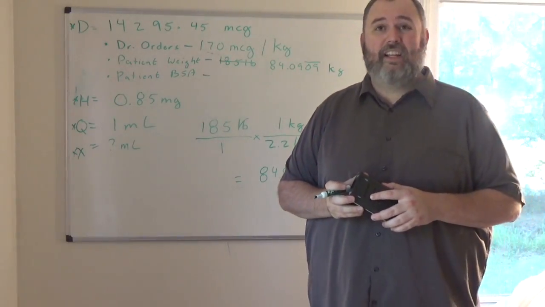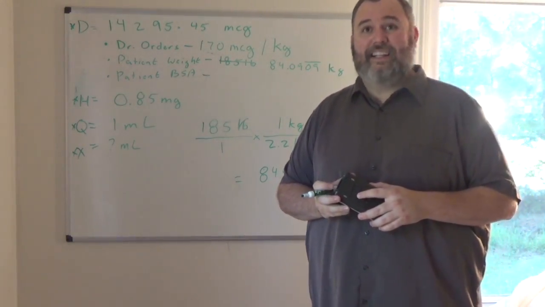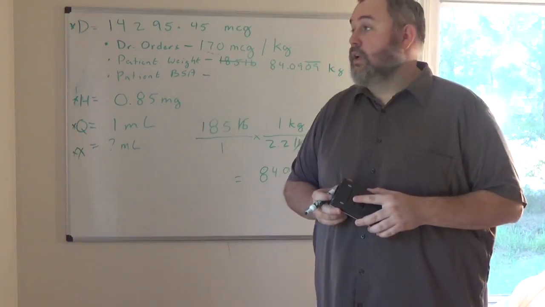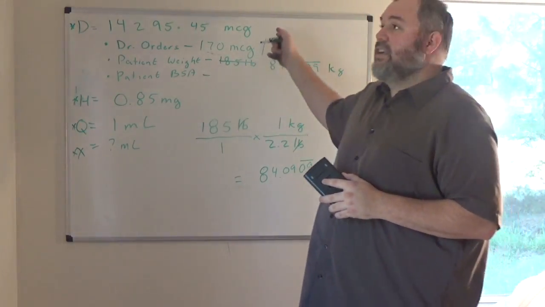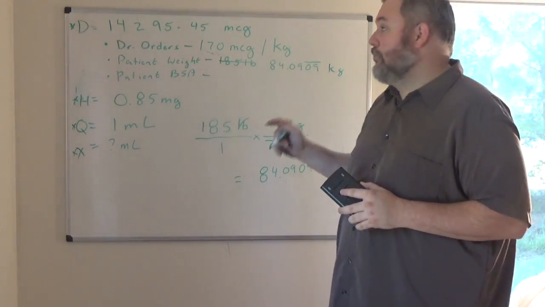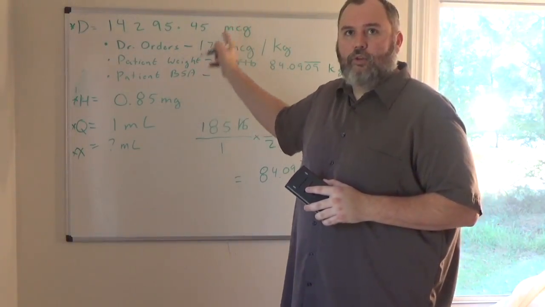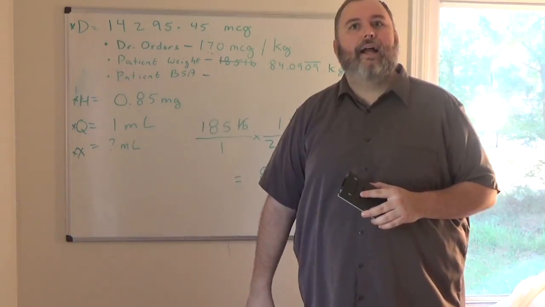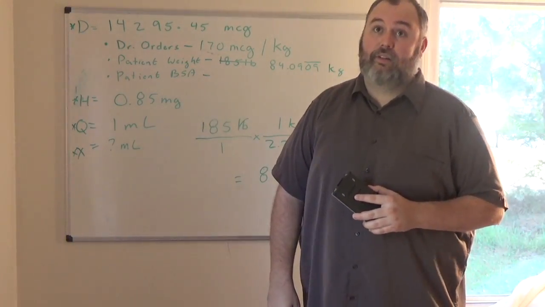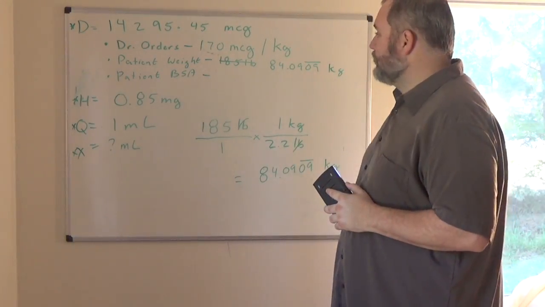Okay? So, in this particular one, we got a little bit of another issue. Can you find out what it is? Well, notice, we found the dosage that we needed, but the dosage and my strength, those two units, don't match. So we've got another conversion to do.